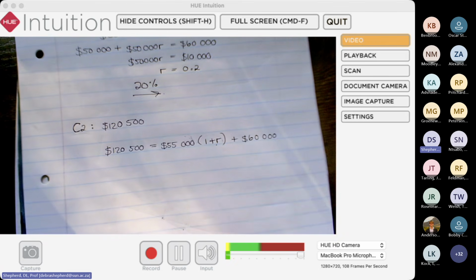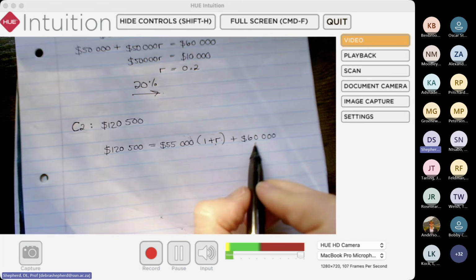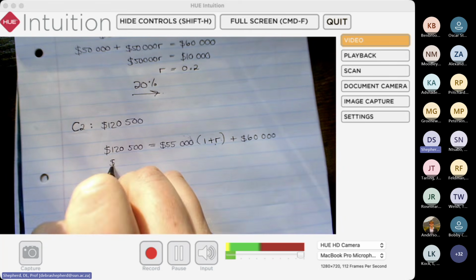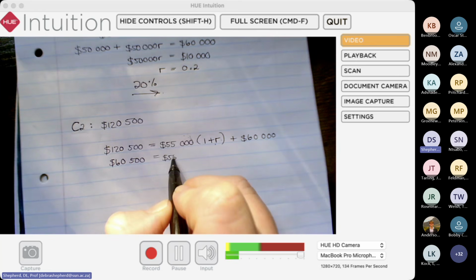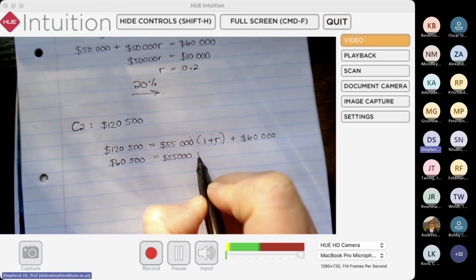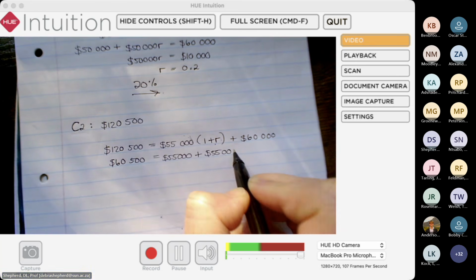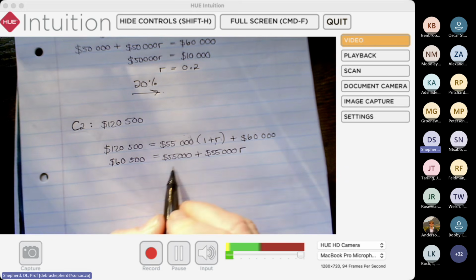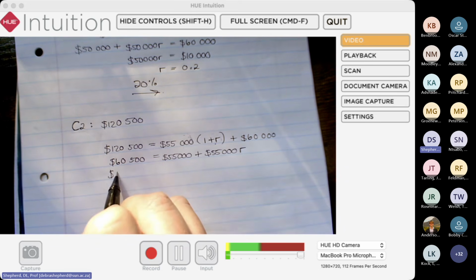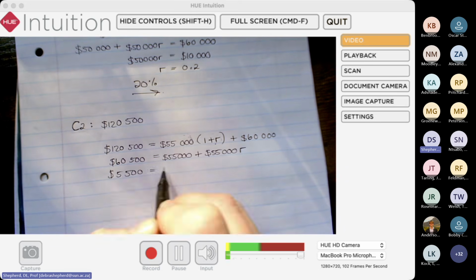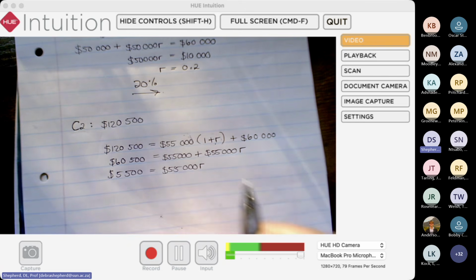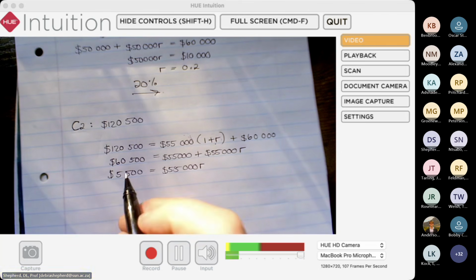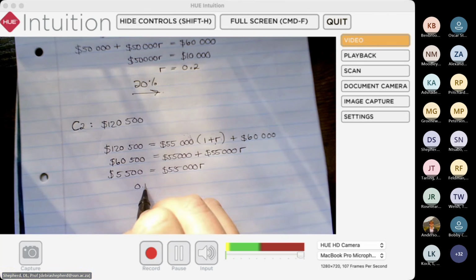Here I would take 60,000 to this side, and I then get 60,500 equals 55,000 plus 55,000 R. If I then take 55,000 away from both sides, I get 5,500 is equal to 55,000 R. Then I divide both sides by 55,000, and that's going to give me 0.1.